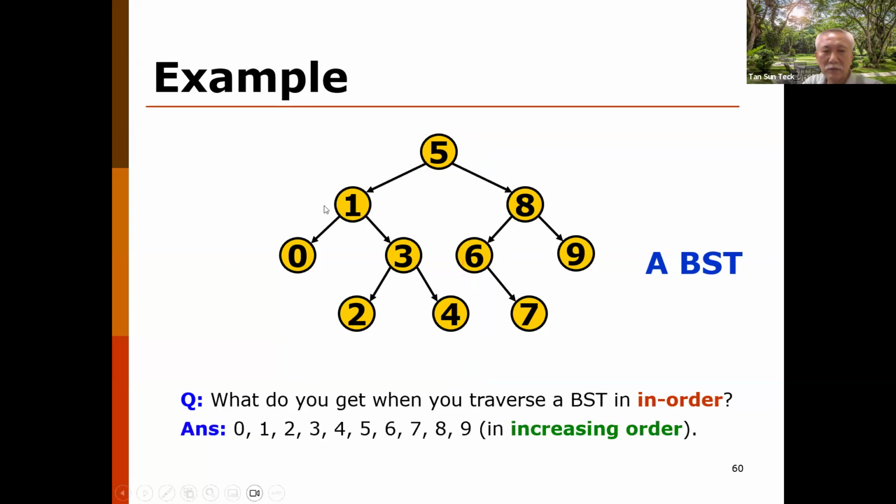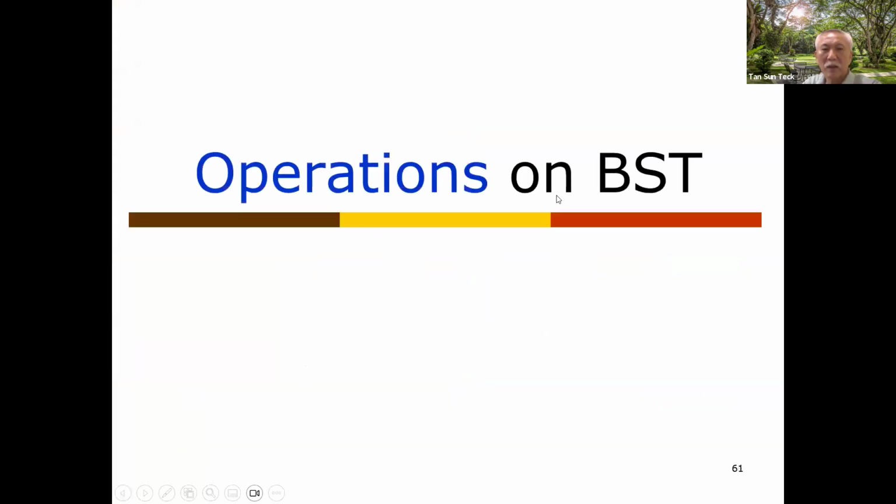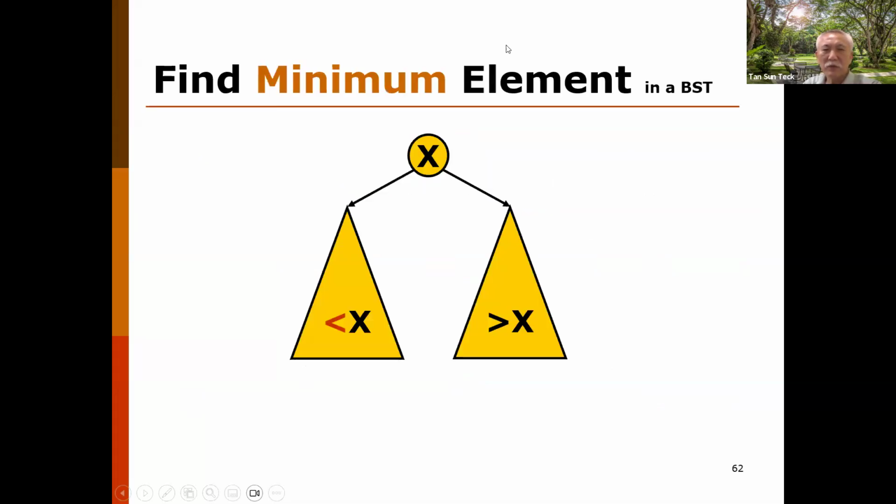Right, so if you traverse a BST in order, you are going to get an increasing order sequence. Operations on BST mean insert, delete, and search. So if you want to find the minimum element in a BST, if there's a left subtree, values smaller than the root will be on the left subtree.